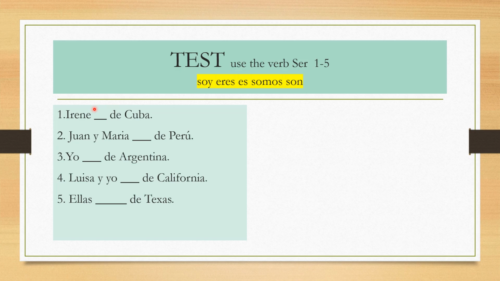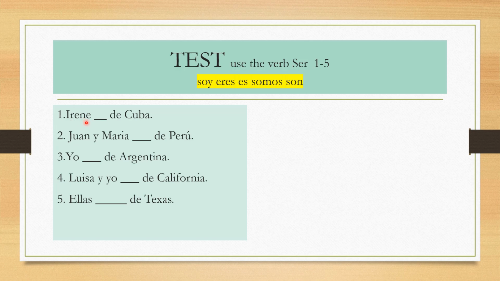Now, here we have número uno. Irene blank de Cuba. Remember, that's Irene. Let's review a little bit now. Irene is one person, right?